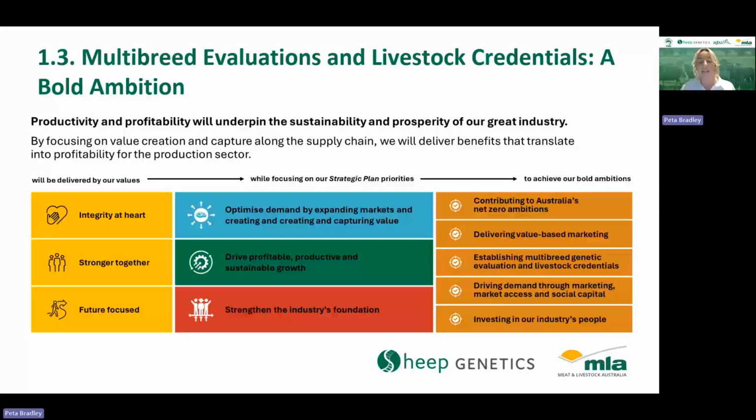What that means essentially is being able to provide evaluations like Combined LAMBPLAN that enable new products like flock profile and genomic benchmarking for a range of new breeds, so that once we've got an evaluation that can produce those types of products, that information can be fed along the supply chain. So ultimately, animals are sold and valued, most importantly, according to their genetic merit to drive demand for improved genetic gain.